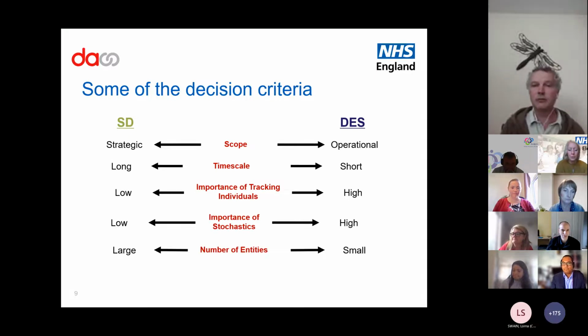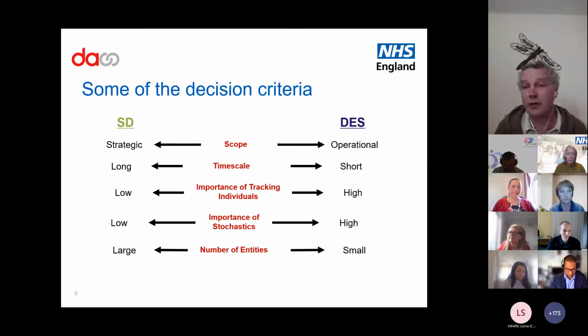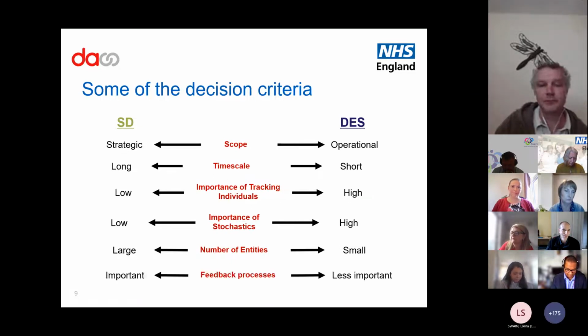But the great thing about system dynamics models is it handles large numbers of entities really well. So if you're looking at a population level model where it's really computationally difficult to parameterize and also just carry out the calculations at an individual level, then again, that draws you towards system dynamics.